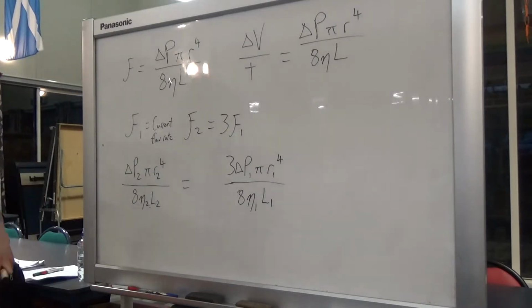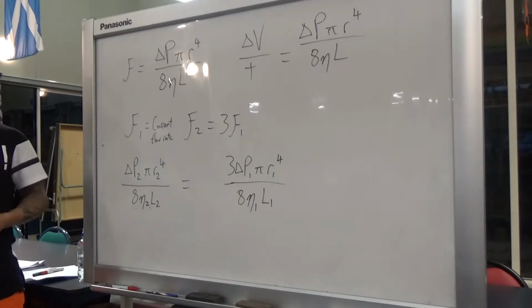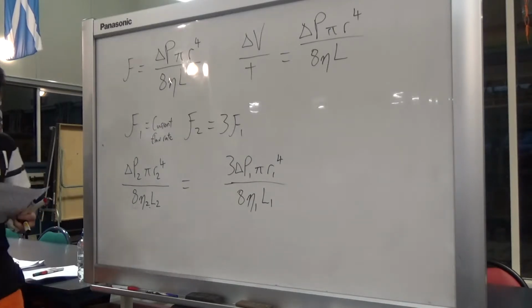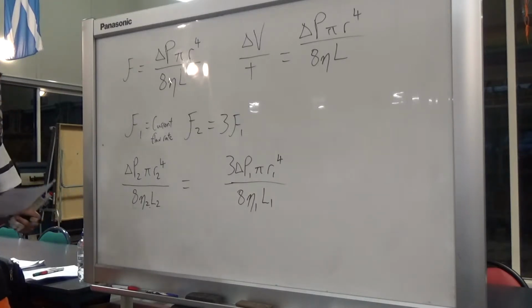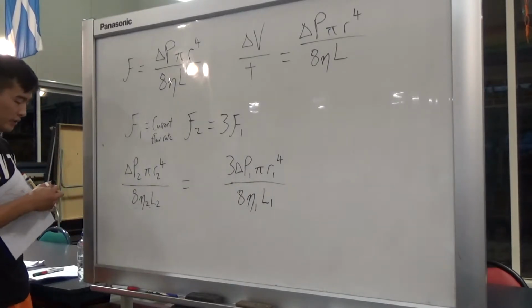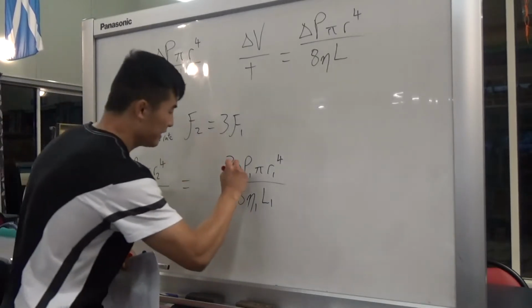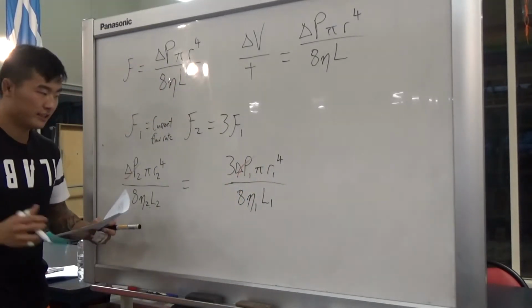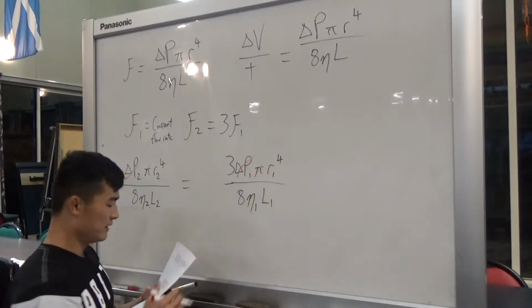Okay, so now we're going to cross out the ones that don't change. Delta P1 and delta P2, they don't change, so we can just cross those out. Pi is the same on both sides.